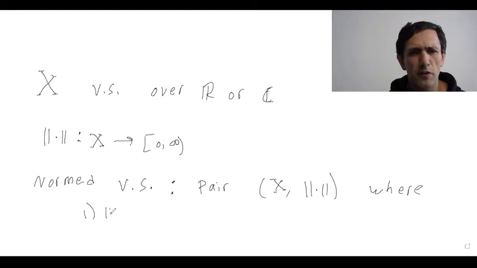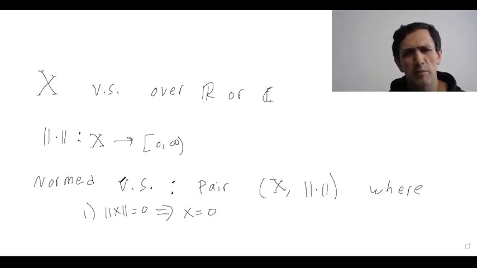So first, apply this function to x. If you get 0, that implies x equals 0. So here little x isn't big X. I'll always try to put kind of bars here to denote our vector space, and no bars denotes an element of our vector space.